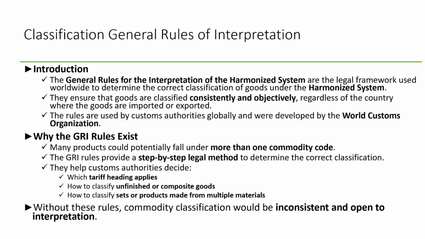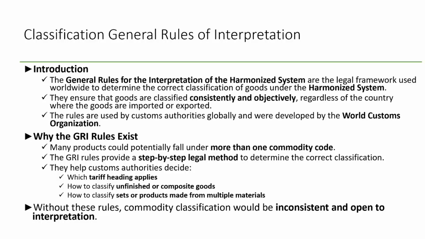The GRI rules help customs authorities decide which tariff heading applies, how to classify unfinished or composite goods, and how to classify sets or products made from multiple materials. Without these rules, commodity classification would be inconsistent and open to interpretation.